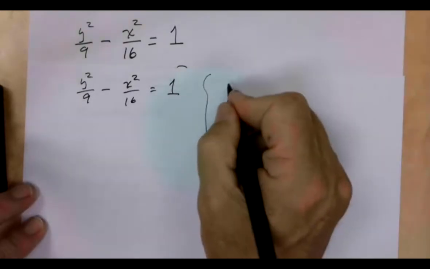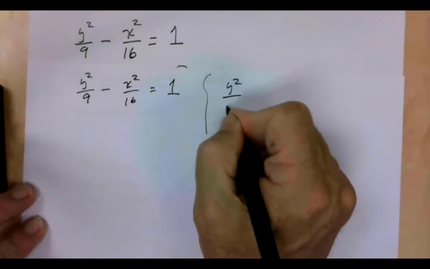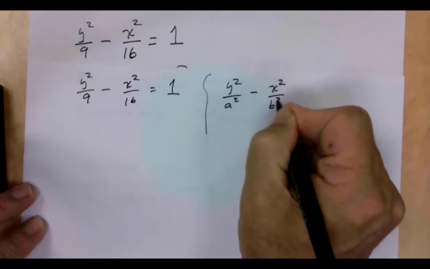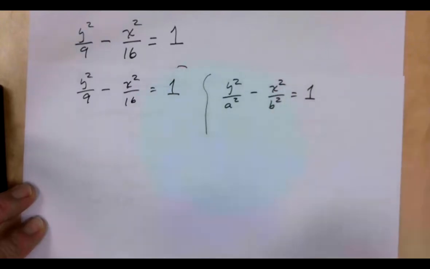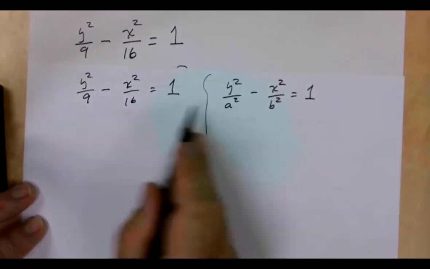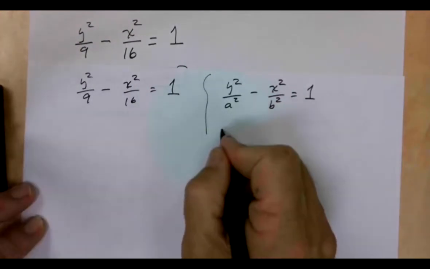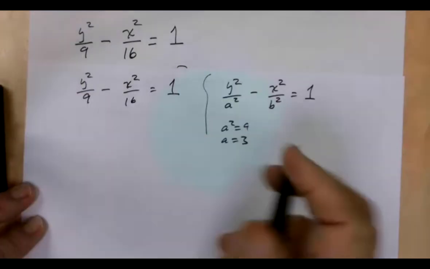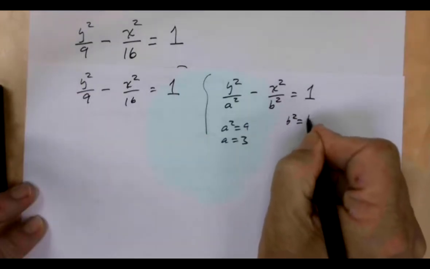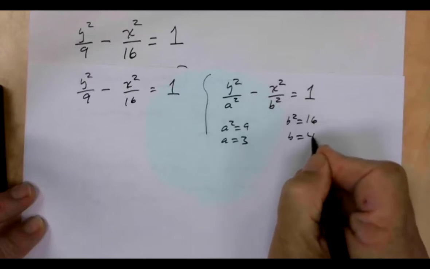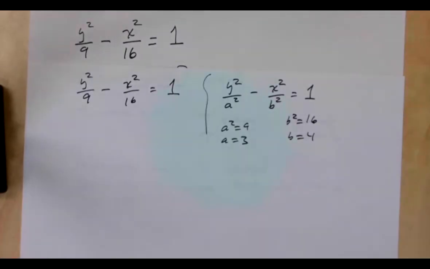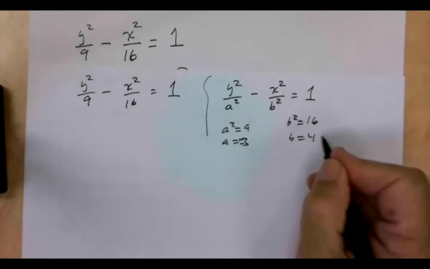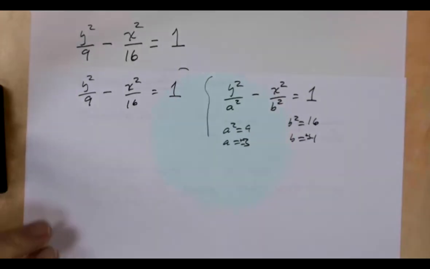So again, this is working off a standard model like y squared over a squared minus x squared over b squared equals 1. If that's our model, the a squared here is 9. So a is 3. We're traveling 3 in the y direction. B squared is 16. B is 4. We're traveling 4 in the x direction. If you want to say plus or minus here, that's fine because we go in both directions.